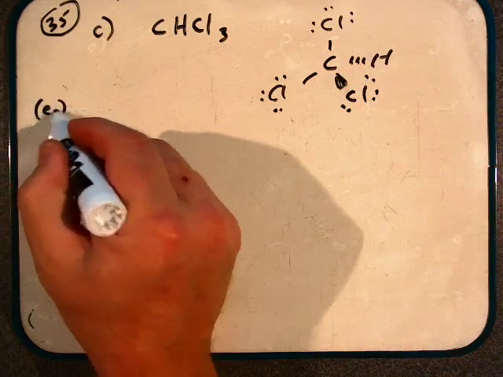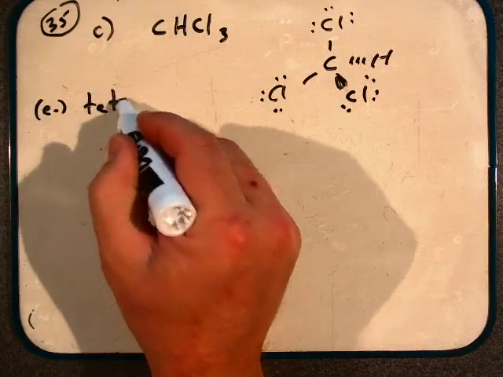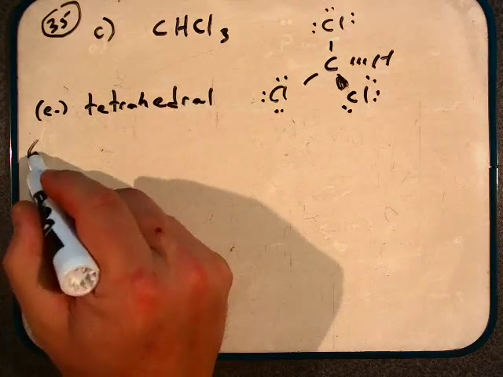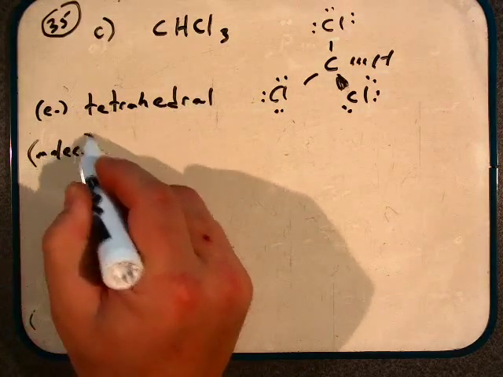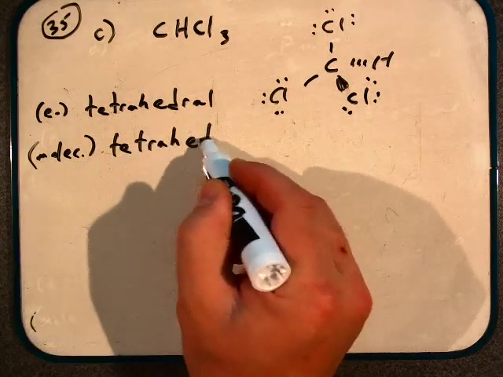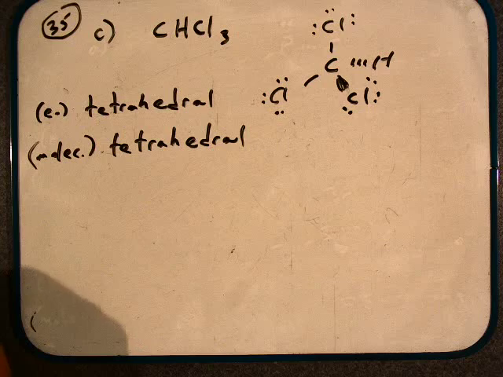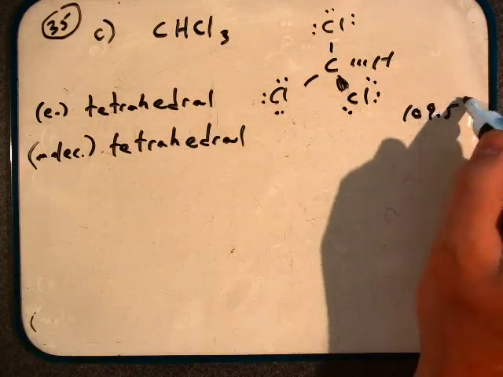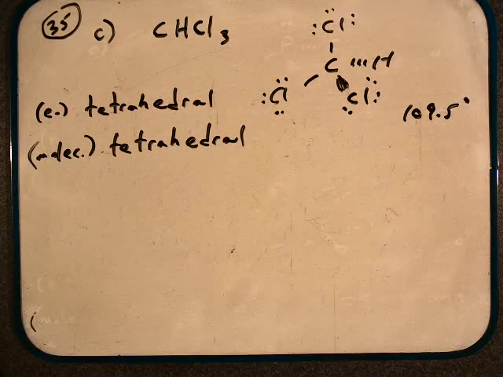And we have an electronic geometry which would be tetrahedral, again because of those four groups. And in this case, the molecular geometry and the electronic geometry are the same. Both are tetrahedral. And we would expect 109.5 degrees, again, for the bond angles.